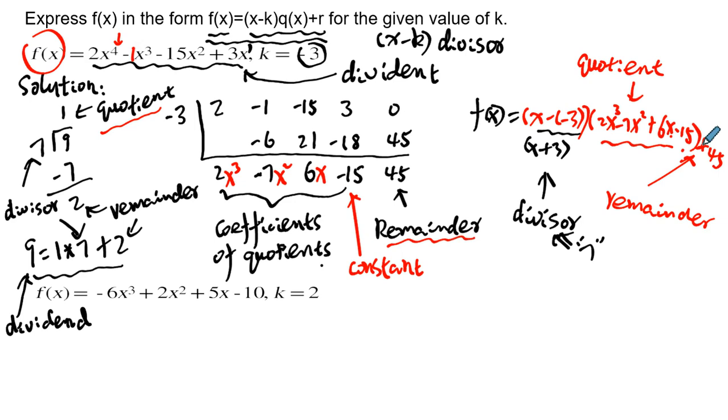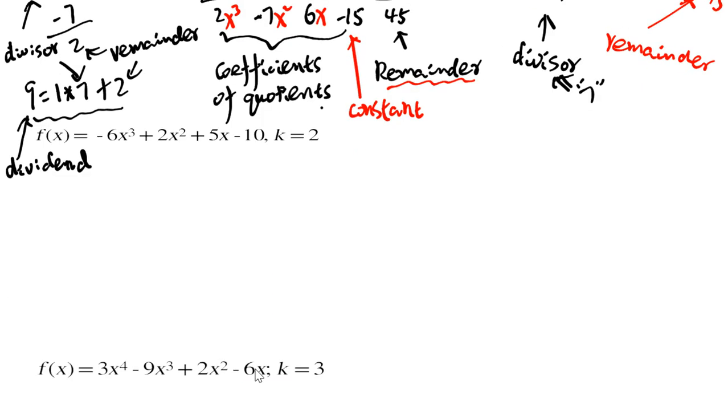Double check the answer. x plus 3 times 2x cubed minus 7x squared plus 6x minus 15 plus 45. That's correct. Okay, that's the first question. Similarly, we can do the rest of them. There are 2 more questions down here.